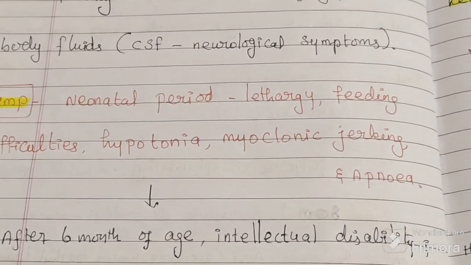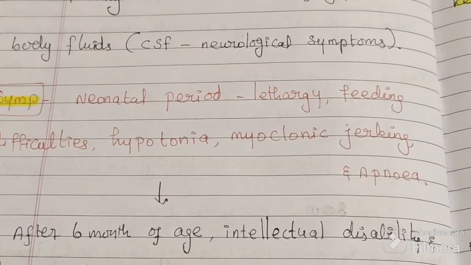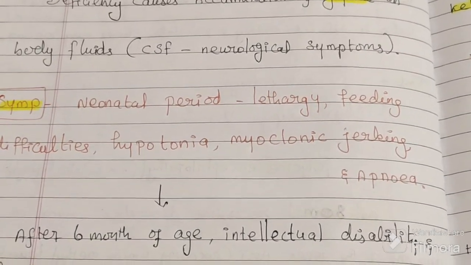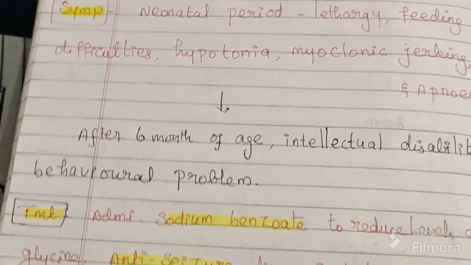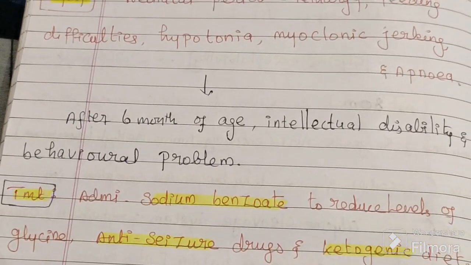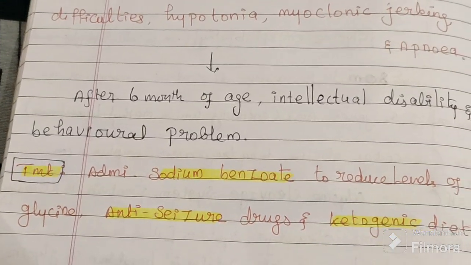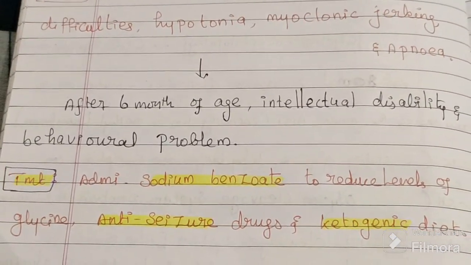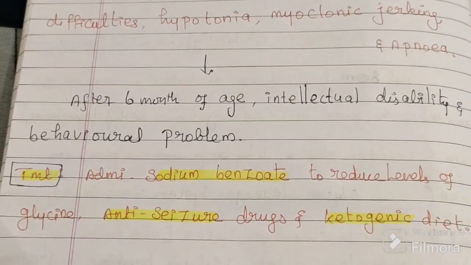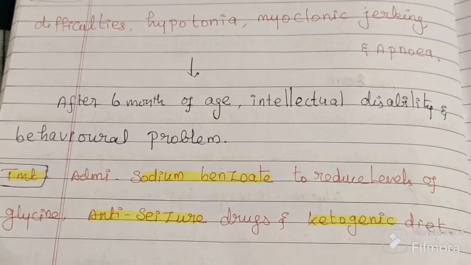After 6 months of age, intellectual disability and behavior problems are seen. Treatment includes administration of sodium benzoate to reduce the level of glycine, anti-seizure drugs, and a ketogenic diet.